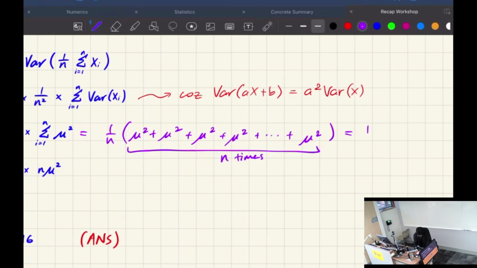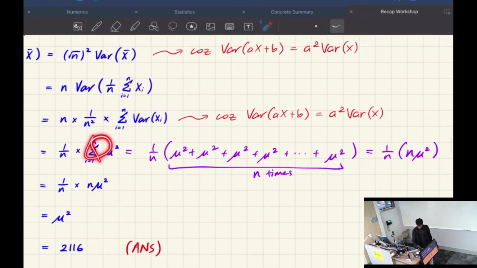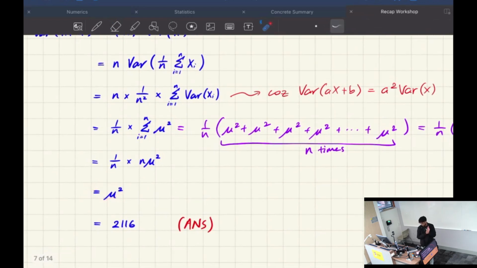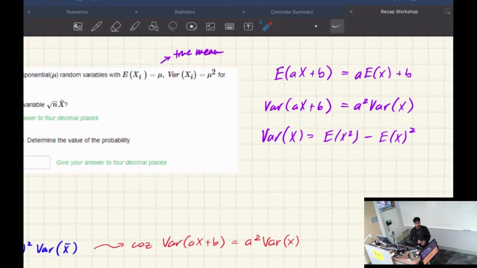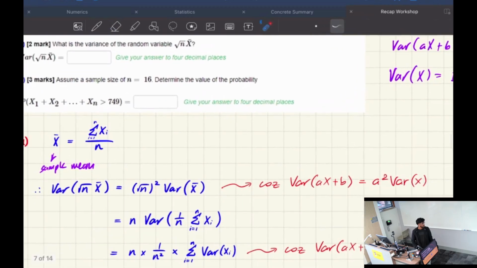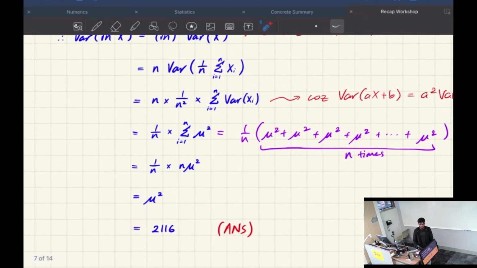So this is just equal to 1 over n times n mu squared. Does everyone see why I did that? It's because of the sum. So we get our variance to just be mu squared, which is exactly the same as up here.